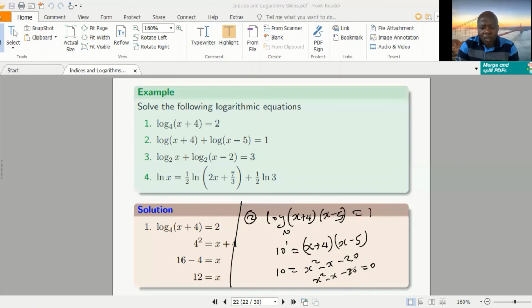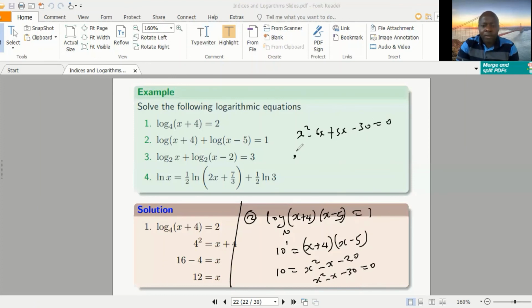We look for two numbers whose product is negative 30 and the sum is negative 1. And those numbers are negative 6 and positive 5. So x squared minus 6x plus 5x minus 30 is 0.